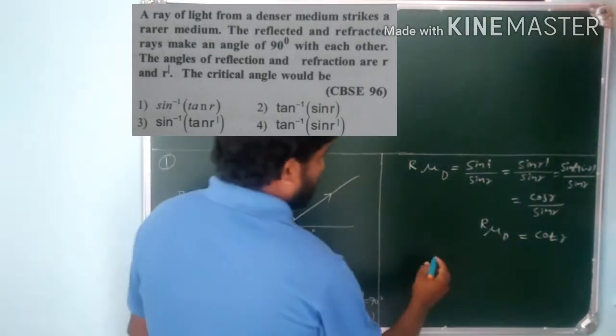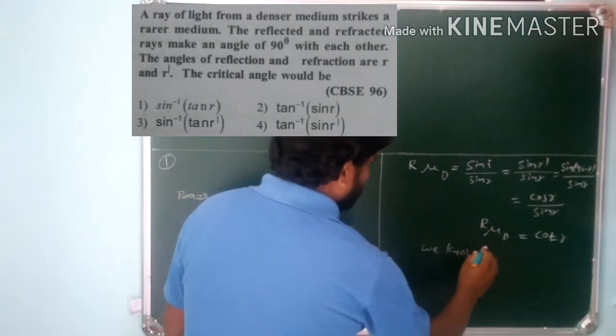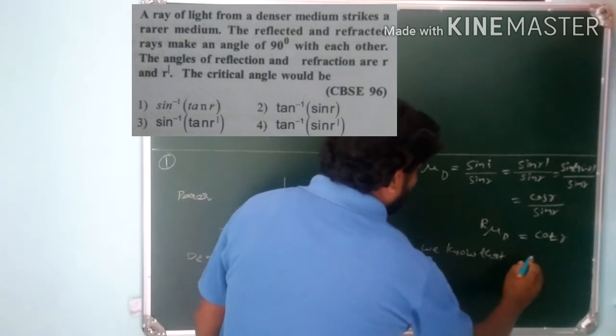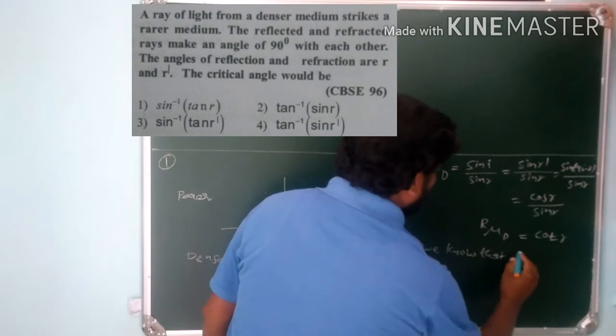Now we are going to find the critical angle. Now we know that mu equals 1 by sin c, or sin c equals 1 by mu.